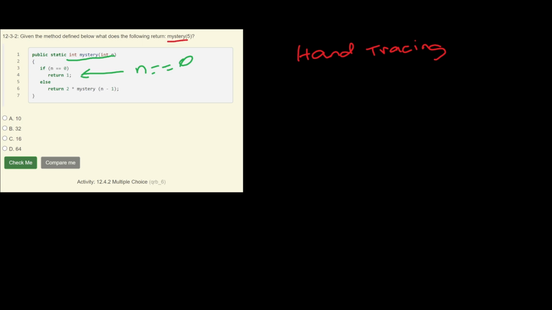So I'm going to write out on the left side what we're calling, so mystery 5. And mystery 5 is going to call, so n is equal to 5 in this case, and n is not 0. So that means that we're going to go to this block of code over here, this else condition.